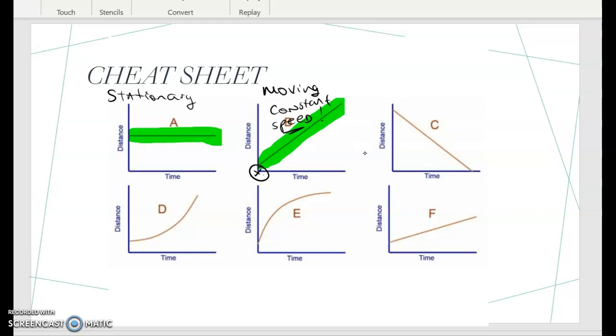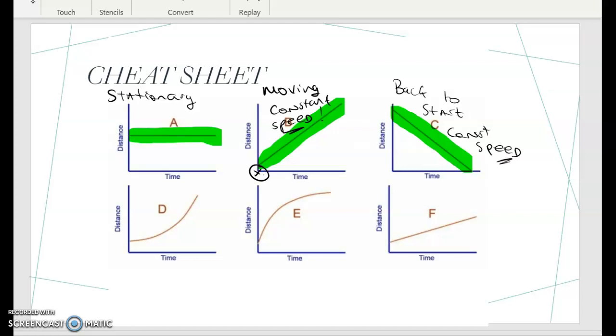So the start point is down here somewhere, okay? If you look at C, on the other hand, C is coming down what looks like a hill, but it's not a hill. This is also moving at a constant speed, but it's moving back towards the source, back to the start at a constant speed.